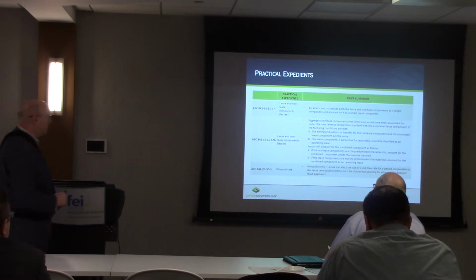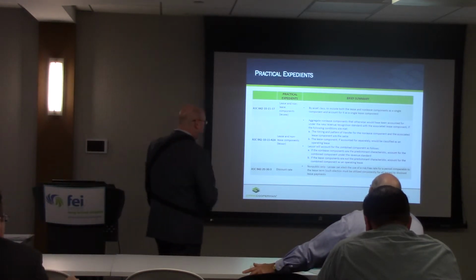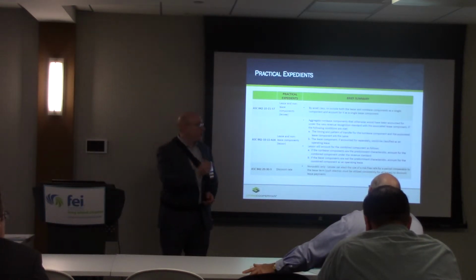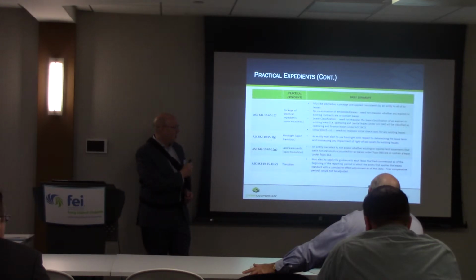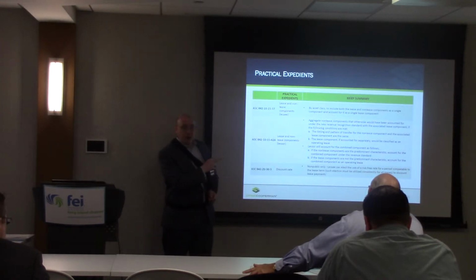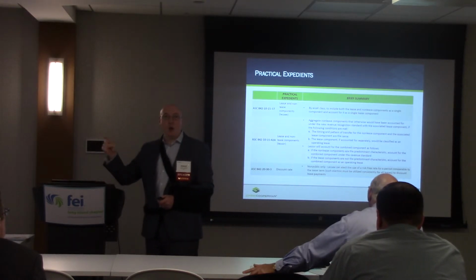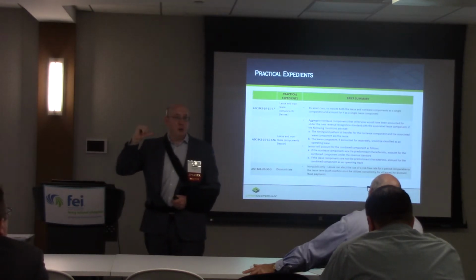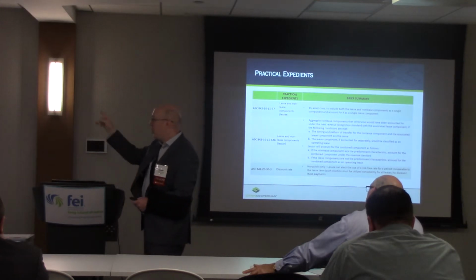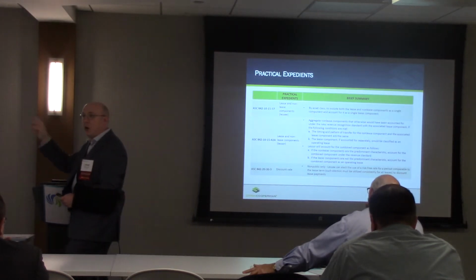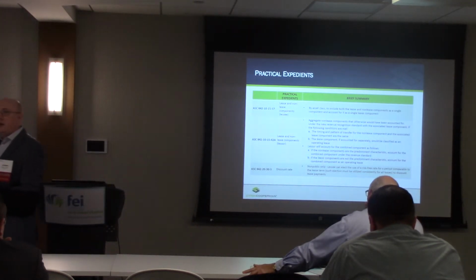Practical expedients. As I mentioned, there's a laundry list, so I've got 2 pages of practical expedients, and I'm not going to go through all of these. The first 2 I already mentioned, I'm just going to re-mention them. This has to do with the bundling of the lease and non-lease components, the criteria that I spoke about before. For a lessee, it's really a policy choice.